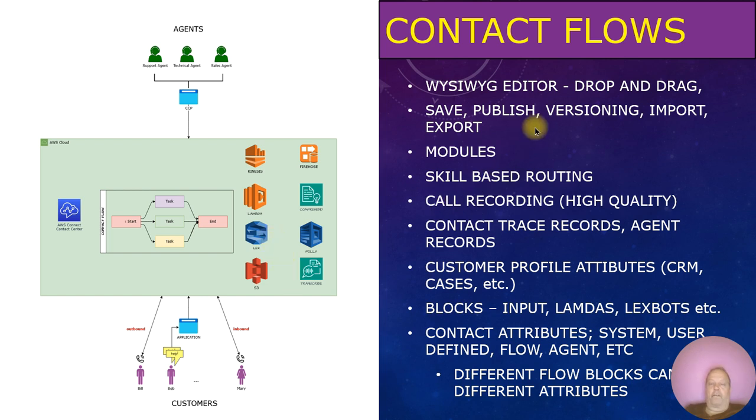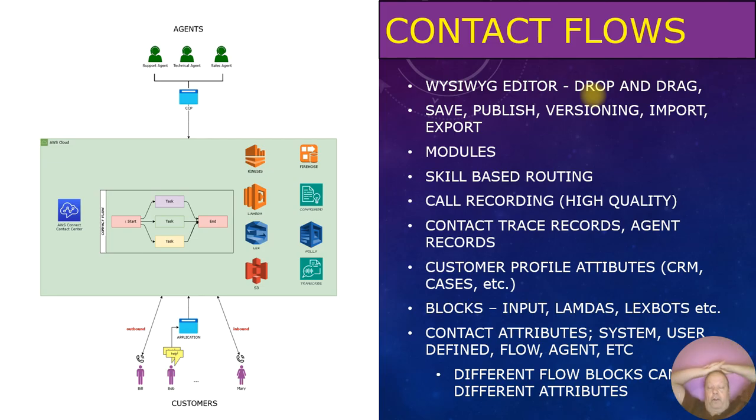So anyway, for contact flows, we saw that there was a WYSIWYG editor, I call it, for drag and drop. We were capable of saving, publishing, versioning, importing, and exporting contact flows. And there's a concept of modules, which we'll talk about later, but you can group these contact flows into a module.